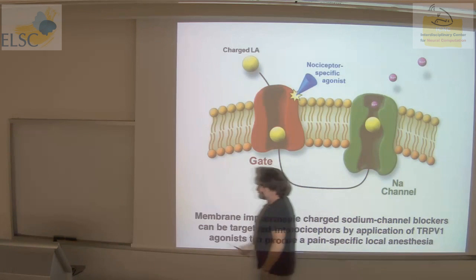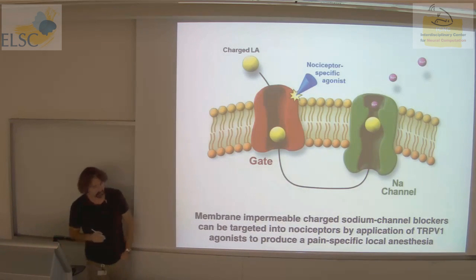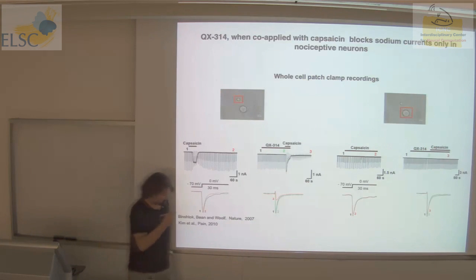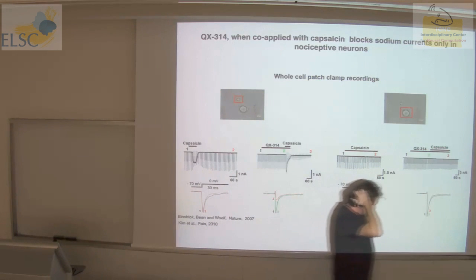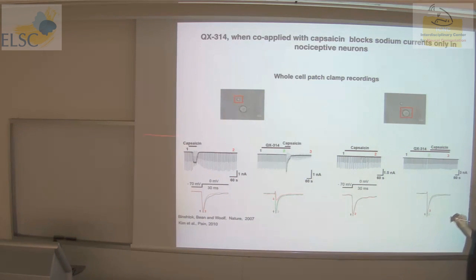And that's what happens. This is the actual recording from peripheral sensory neurons. We have two types, small ones and large ones. All these lines are recordings of sodium currents. When we record from small cells, which are sensitive to capsaicin that activates TRPV1 channels, and apply capsaicin with QX, as you can see here, this is before capsaicin.